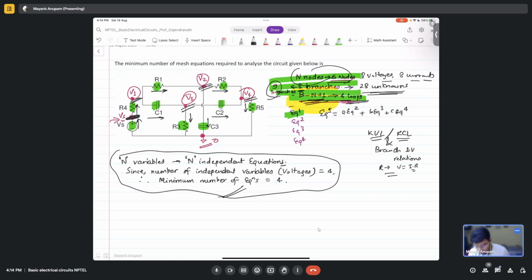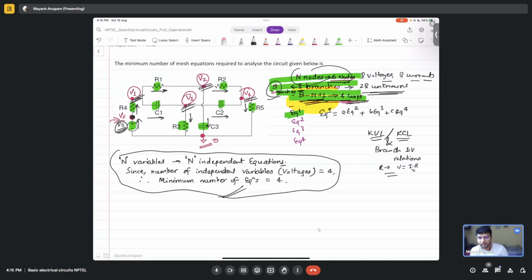This node here is already known to you, because if we know vs, then we know the voltage at this node. So ultimately we have only 4 unknowns, v1, v2, v3 and v4. I said that since you have only 4 unknowns, you require at most 4 equations to solve them.